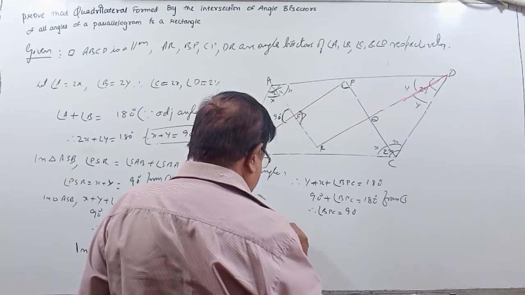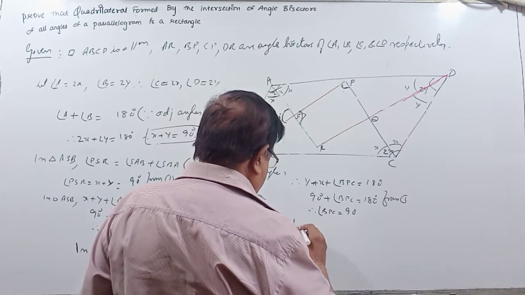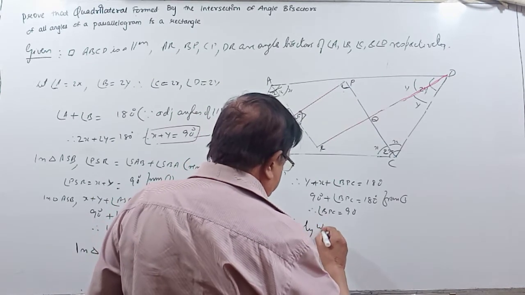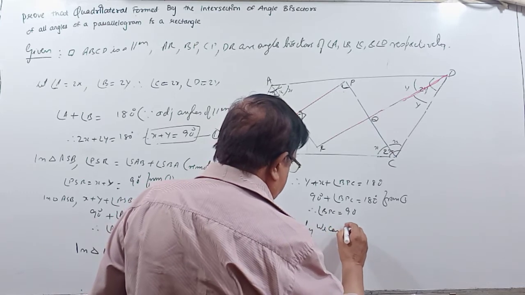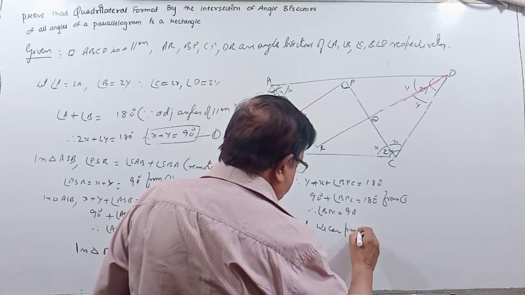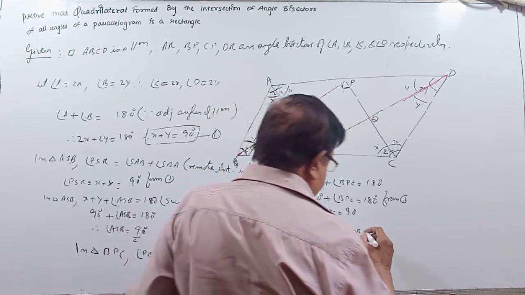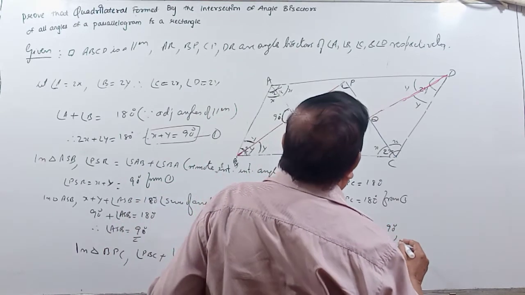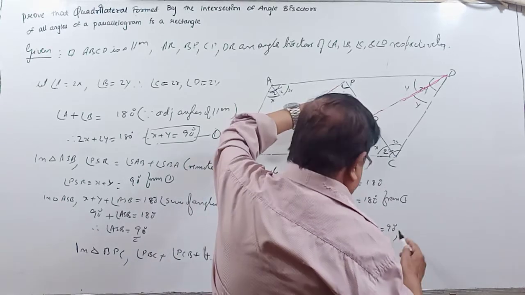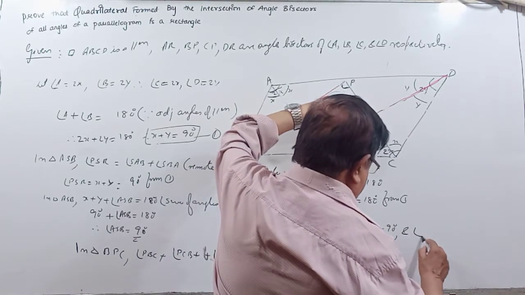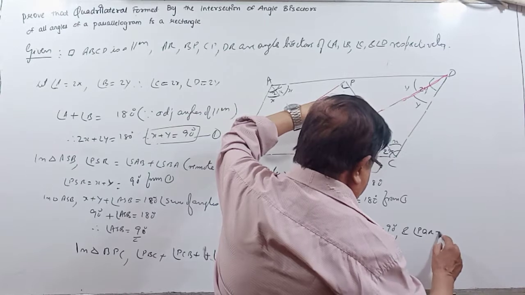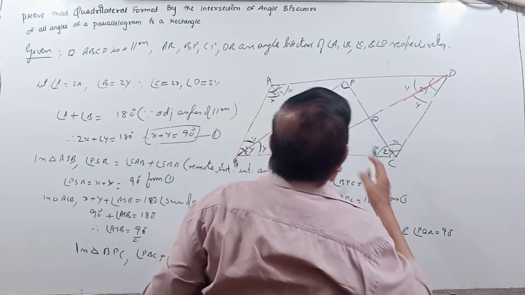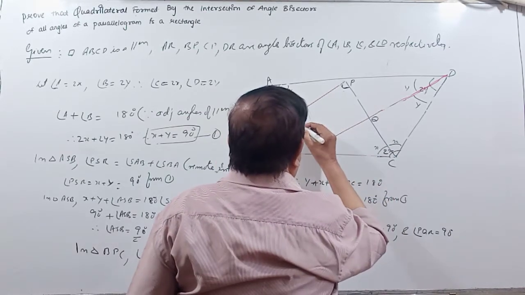Similarly, we can prove angle R equals 90 degrees and angle PQR equals 90 degrees. We have proved this is equal to 90 degrees.